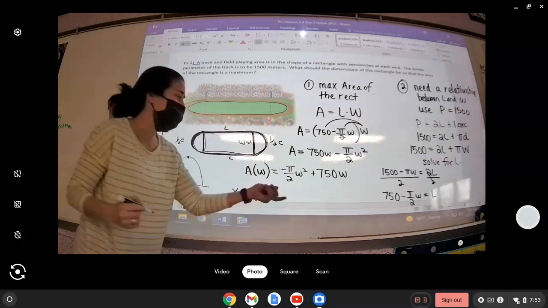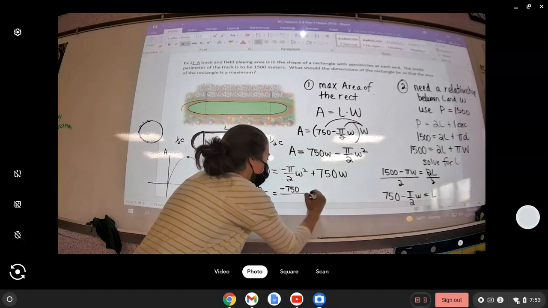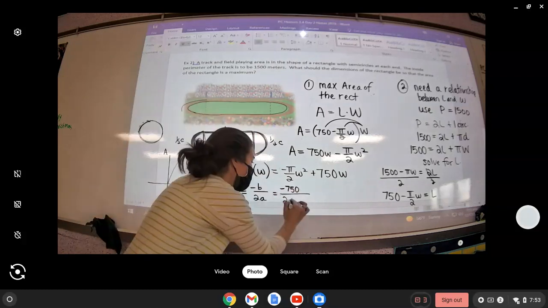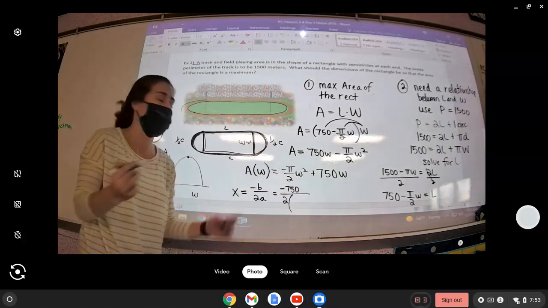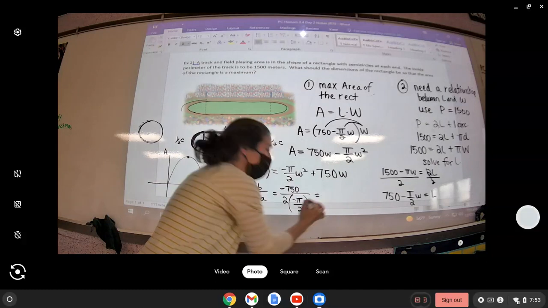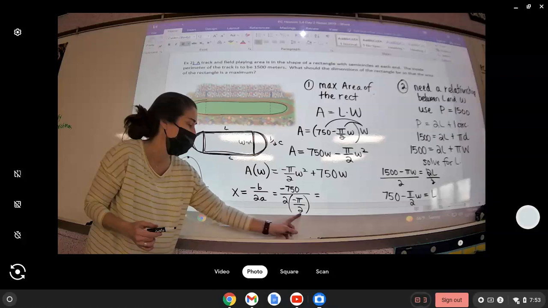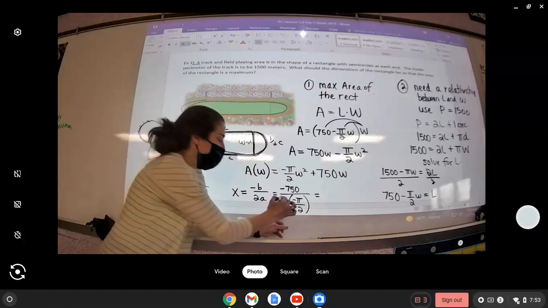So the opposite of b is negative 750 over 2 times negative pi over 2, which is a. This actually cleans up pretty nice. Guys, what happens to a 2 here and a 2 there? They cancel.